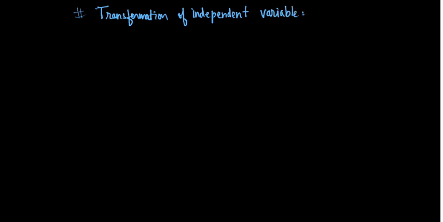So that's how transformations are defined. Let's come back to transformations of the independent variable. What is the simplest transformation? If x of n, the first transformation, as we have seen, is shift.